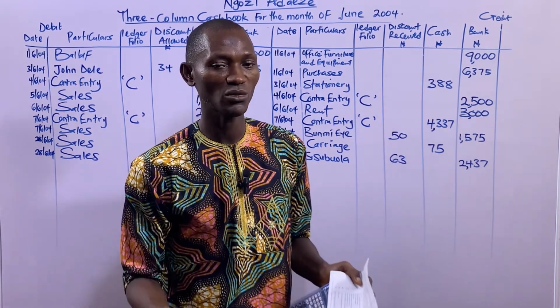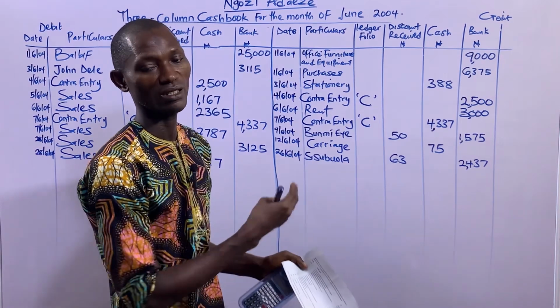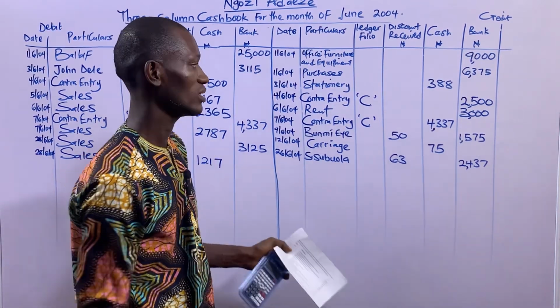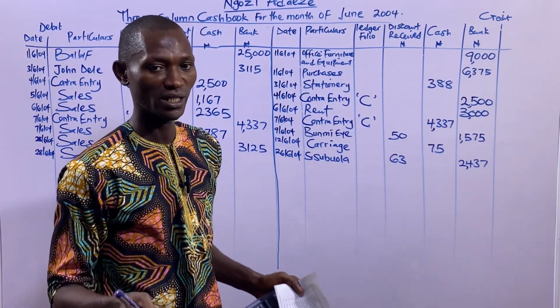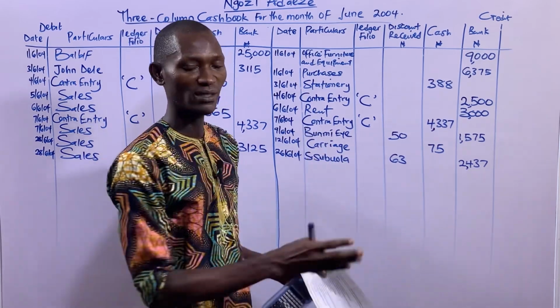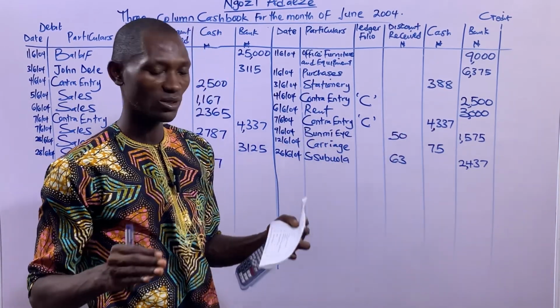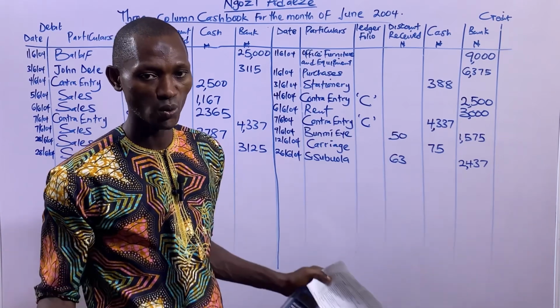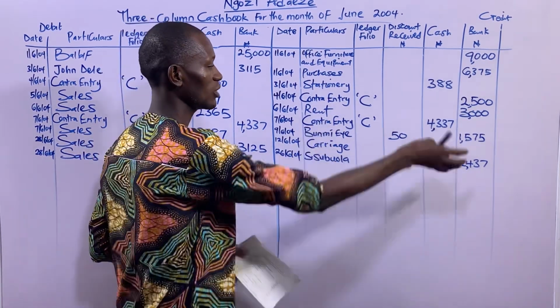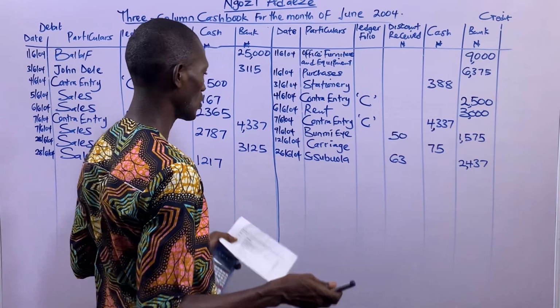You quantify it in monetary terms. That is termed drawings, and drawings is seen as an expense on the cash book. Anything that is an expense on the cash book will be credited. So that will be credited on the cash book. I hope that is understood.